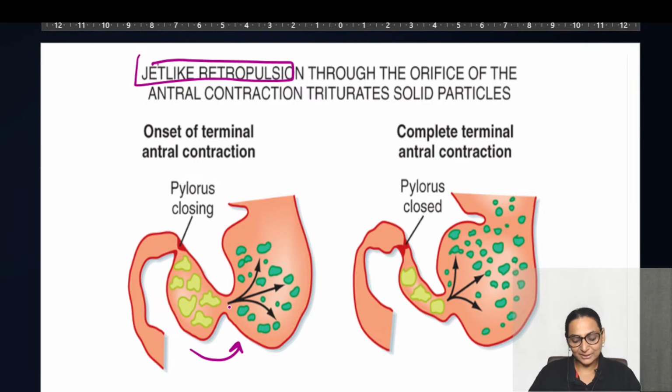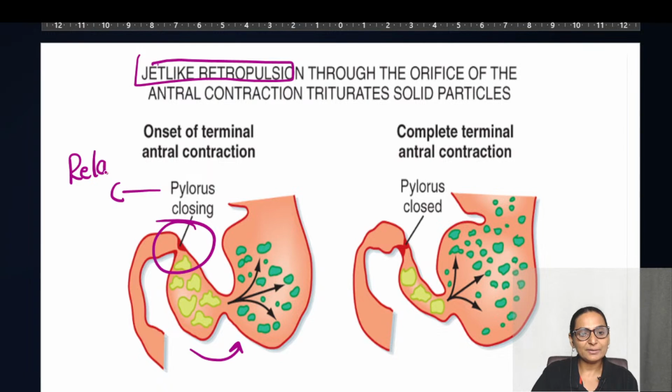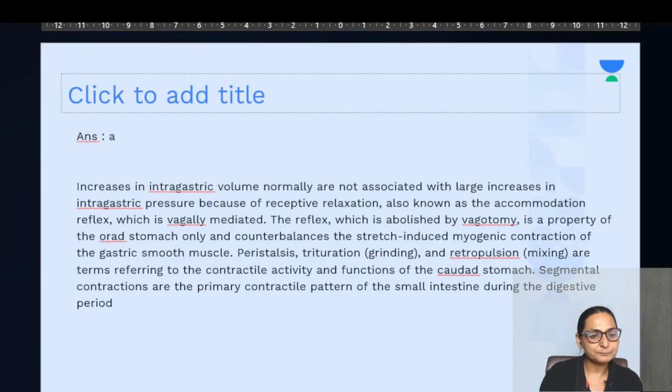That is the very important function of your pylorus. Peristalsis will begin in the mid of the stomach, but when this pyloric sphincter will relax, the food will pass from the stomach into the duodenum.